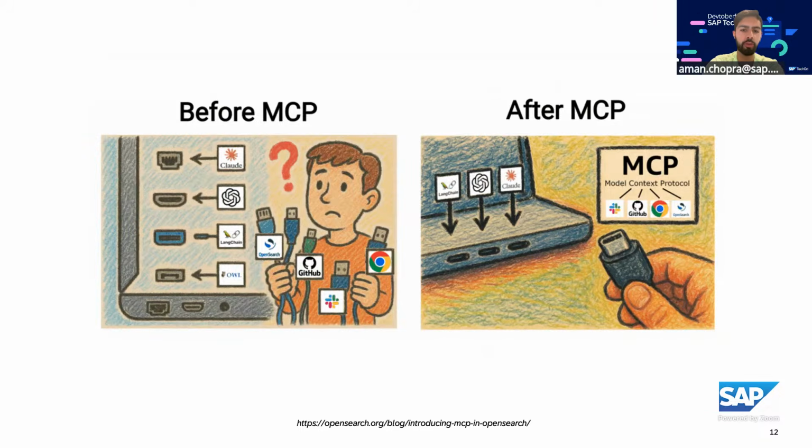So the analogy I'm trying to make here in this visual is that before MCP, you needed to design these custom connectors. Like you would have to design a USB 2.0 for one API, Type-C for another, micro USB for the third API. These are all different APIs structured in different formats and different request payloads and responses.